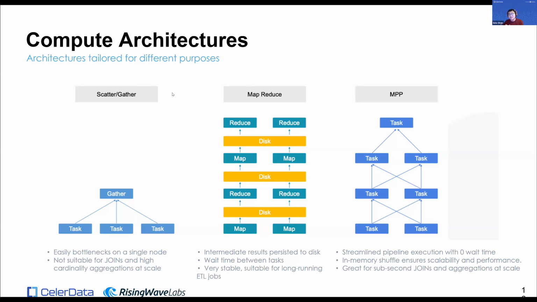It has a shuffling service, but for each shuffle they persist every single intermediate result to disk, to do task retry if a 3-hour query or ETL job fails. This is great for long-running ETL jobs, but the wait time between tasks is long because everything needs to touch disk, so it's not good for low latency.